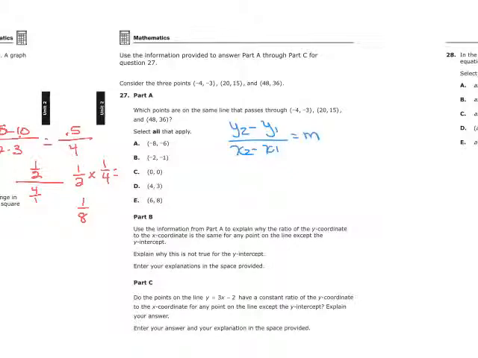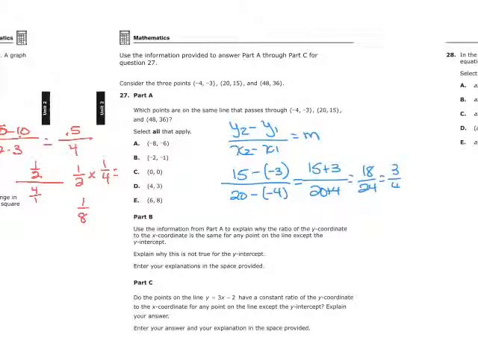So we'll take 15 as our y2 minus negative 3. Please use your parentheses to separate. 20 minus negative 4. And it's going to equal 15 plus 3, because minus a negative is adding, over 20 plus 4. You're going to end up with 18/24, which equals 3/4.